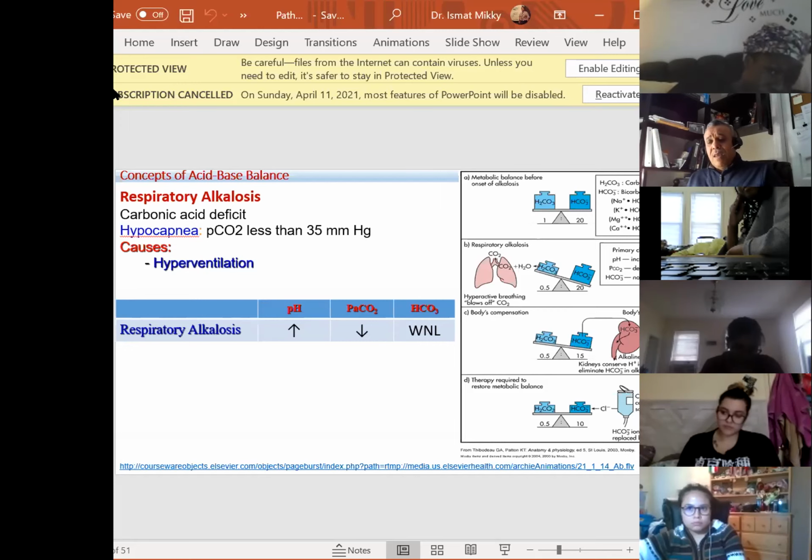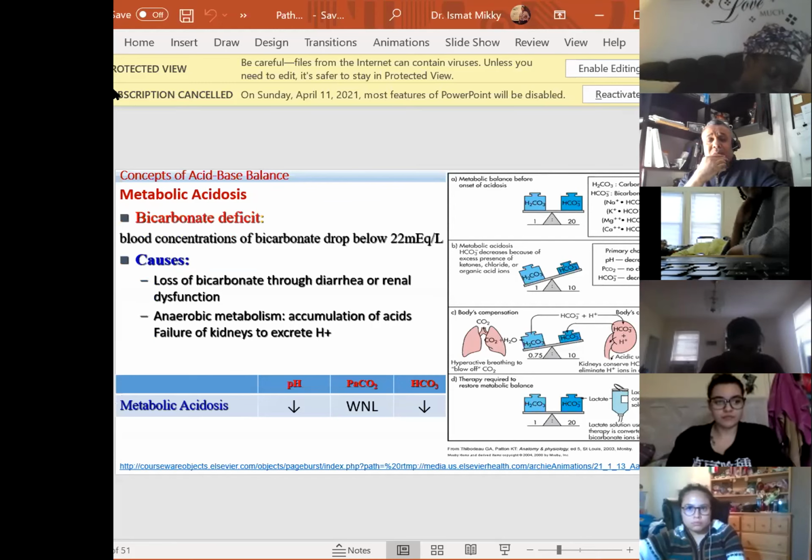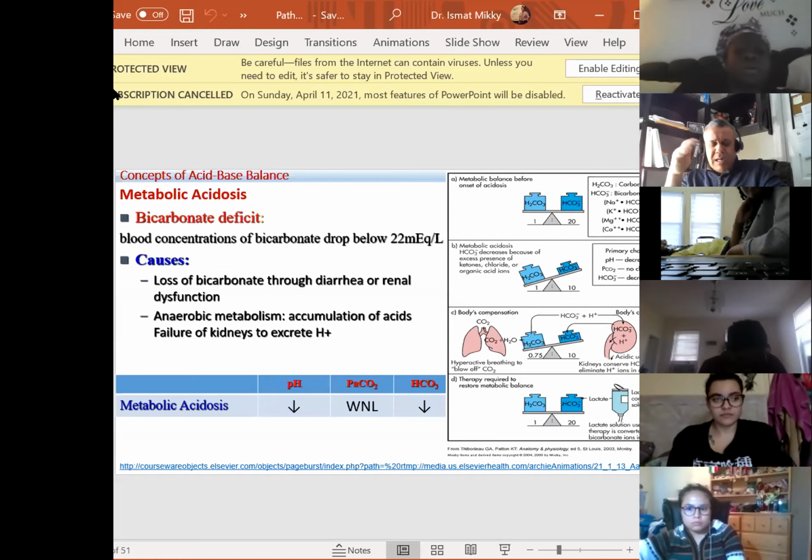And next is metabolic acidosis, which results when the bicarb drops to less than 22, the blood concentration of bicarb in the plasma less than 22.